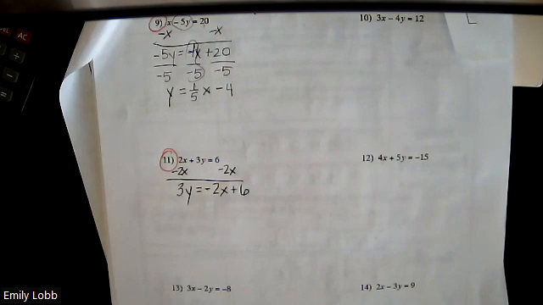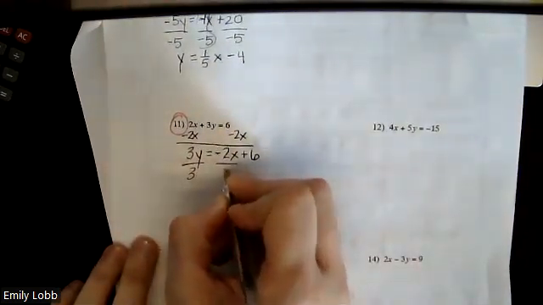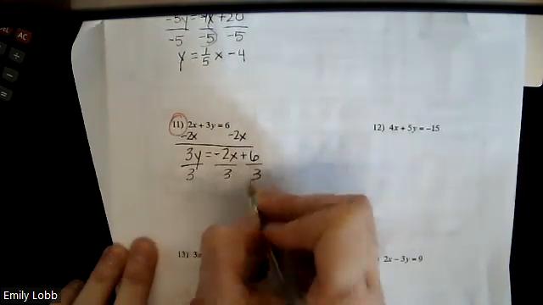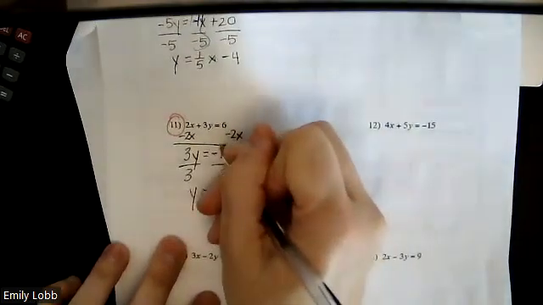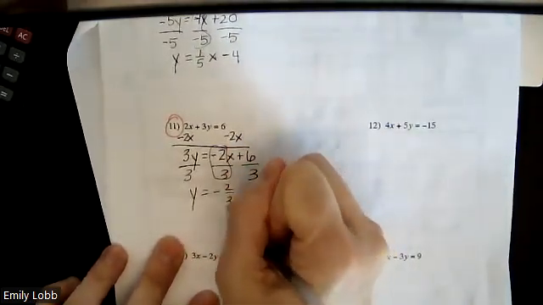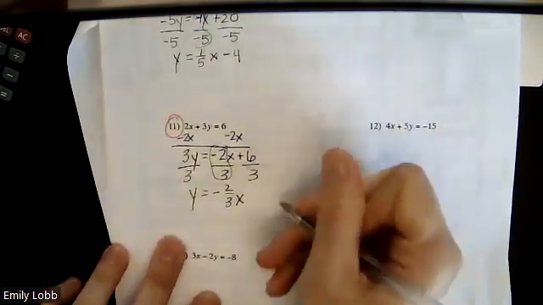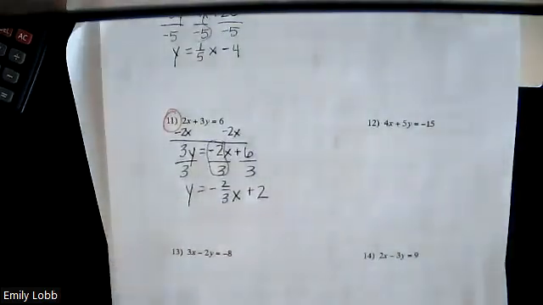So in number 1, you would divide everything by 5. In number 2, you would divide everything by 7. Here, we're dividing everything by 3. So here, y is equal to, look at your fraction, write your fraction, negative 2/3 x, and then 6 divided by 3 is 2. So plus 2.